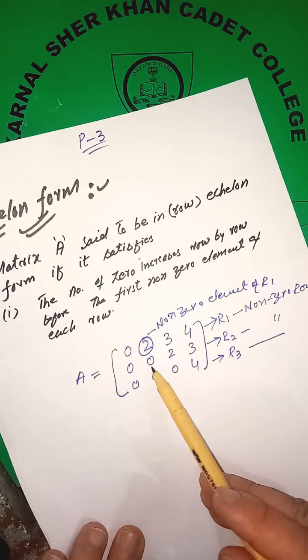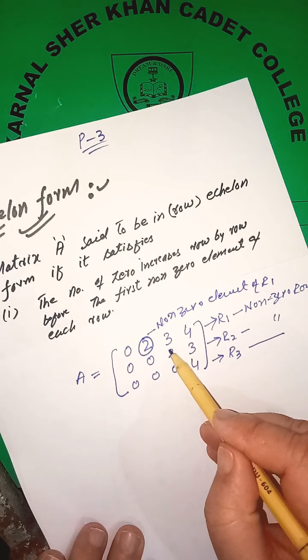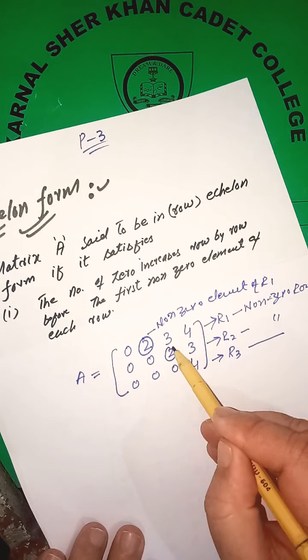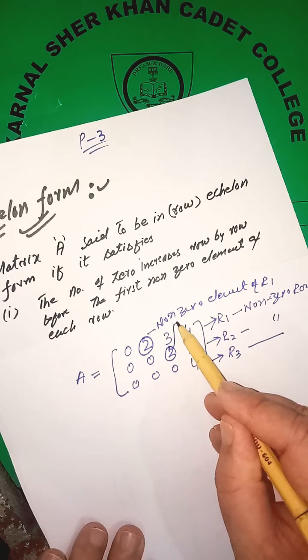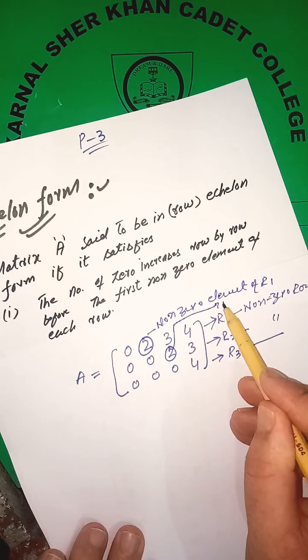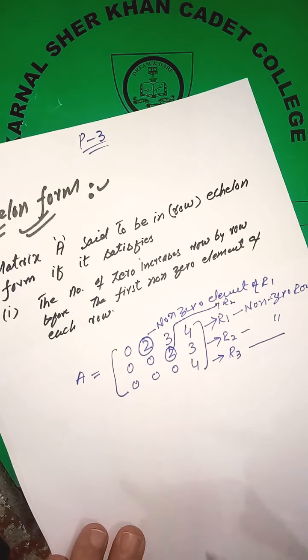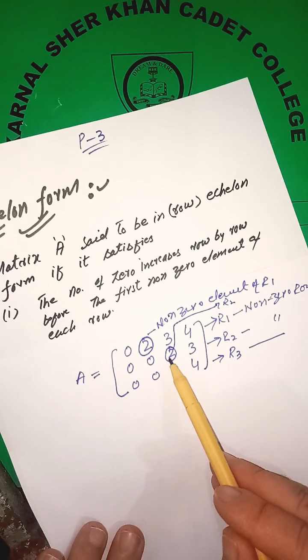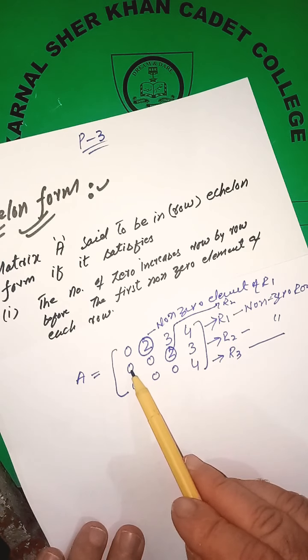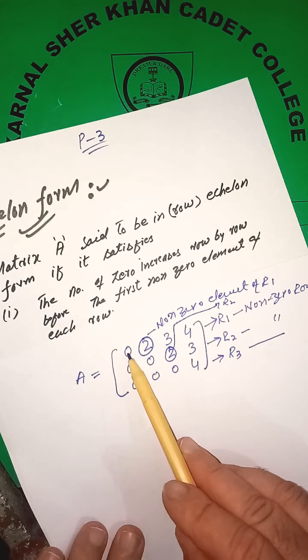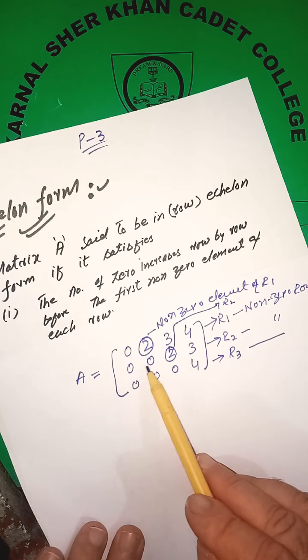Look at R2. The non-zero element of R2 is 2, and before this there are 2 zeros. So the number of zeros is increasing row by row.